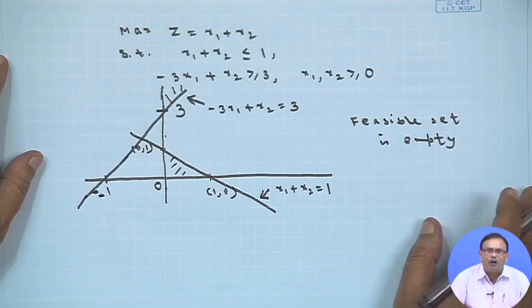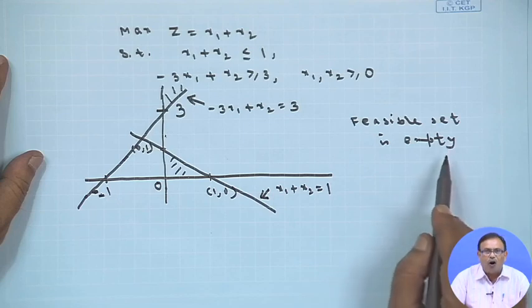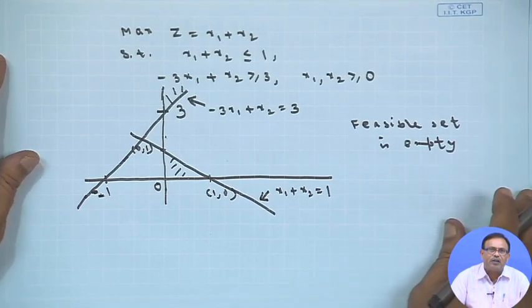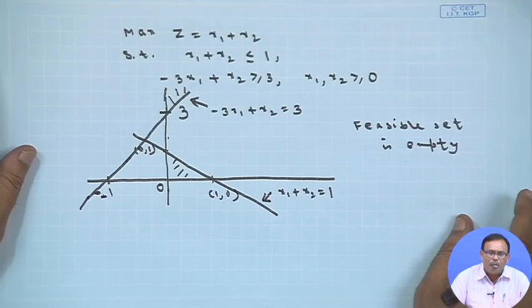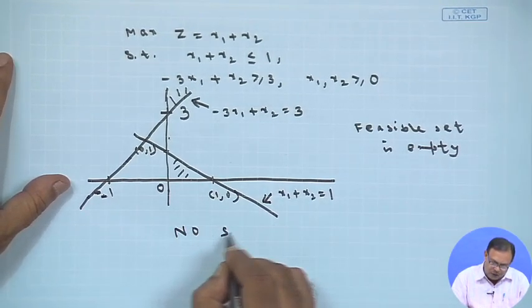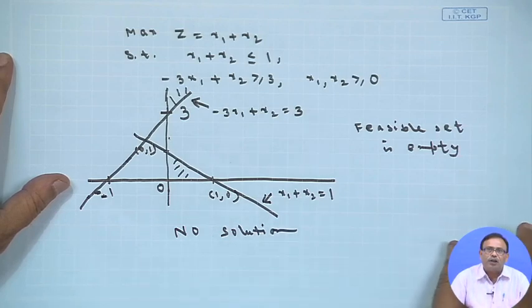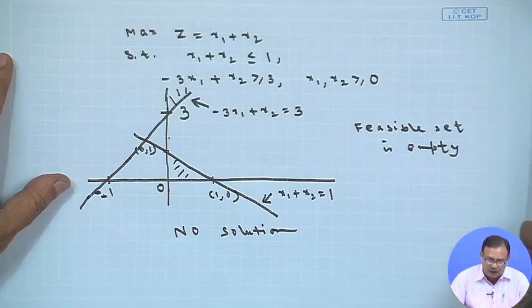Therefore, for this case there is no feasible region, or we write the feasible set is empty. Therefore, this problem has no solution. Please note this one. This problem has no solution, since the feasible region is empty.